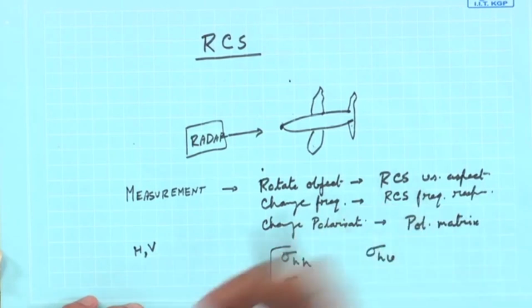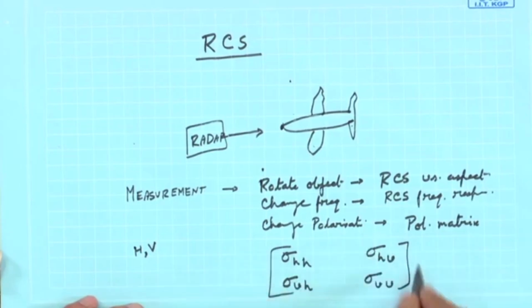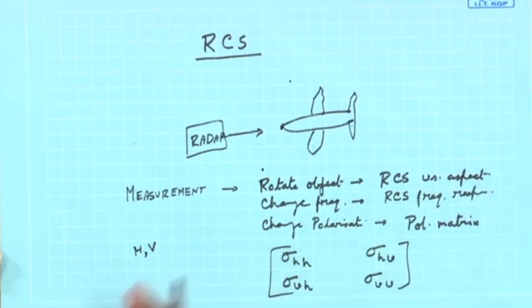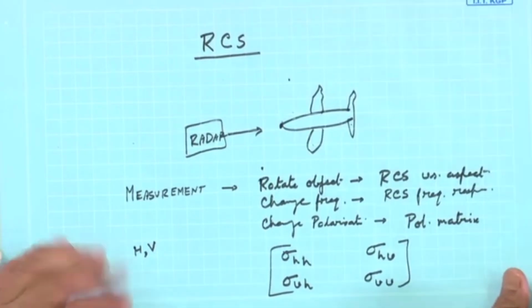Similarly, transmitting antenna polarization V and receiving antenna polarization H, and transmitting V, receiving V. So, you need to give all these parameters for all aspects and all frequencies. It is a huge challenge, a very time-consuming thing.